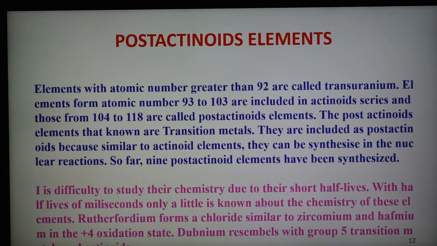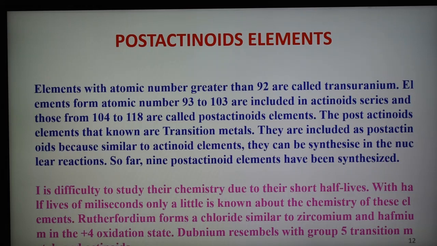It is observed that elements with atomic number greater than 92 are called transuranic elements. Atomic numbers 93 to 103 are included in the actinoid series, and those from atomic number 104 to atomic number 118 are called post-actinoid elements. So atomic numbers from 104 to 118 are known as the post-actinoid elements.